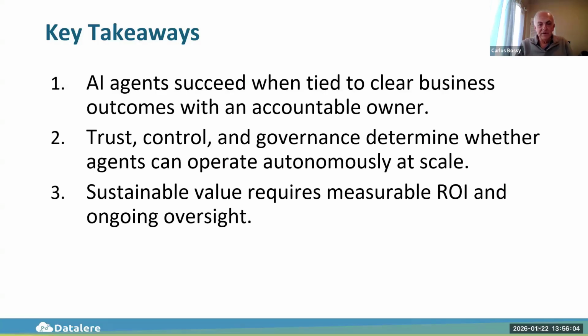And the value comes from measurable ROI, right? And make sure you continue with the oversight, because sometimes these things are set up and they work really, really well, and over time they degrade. Why? Because the way you're using data changes, the way you introduce data changes. Any of those things will affect an agent, right?